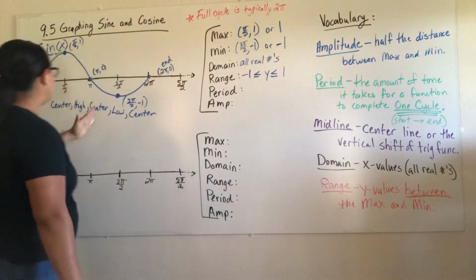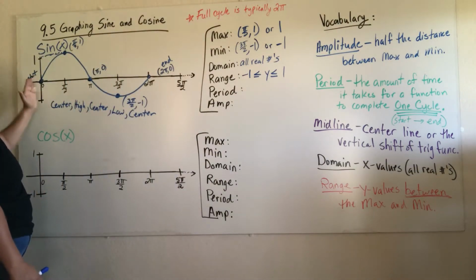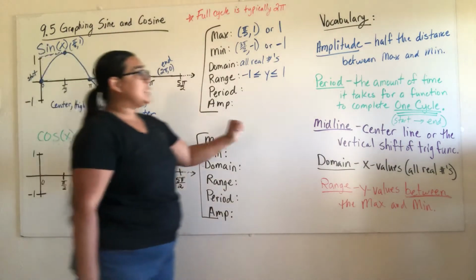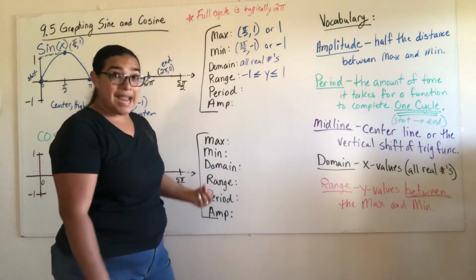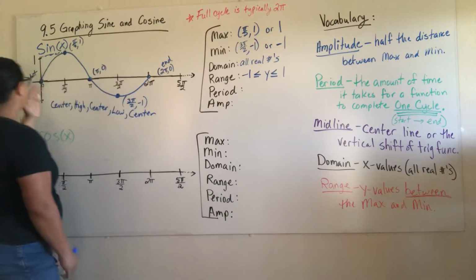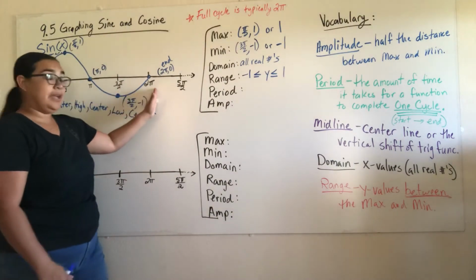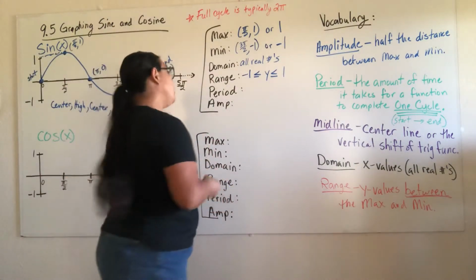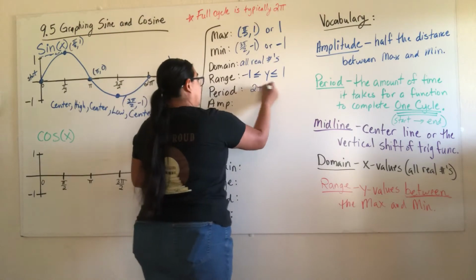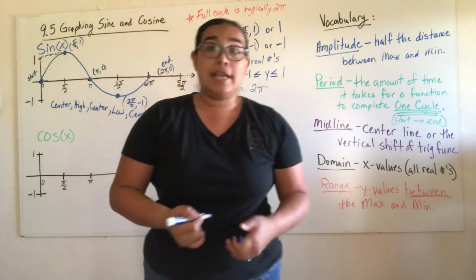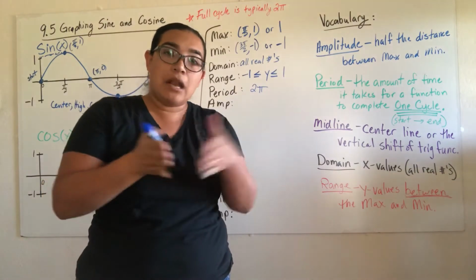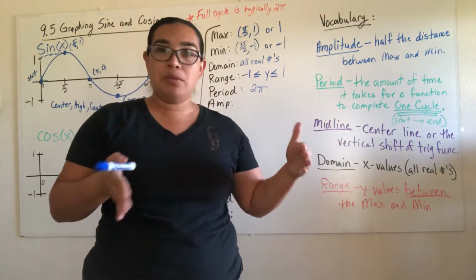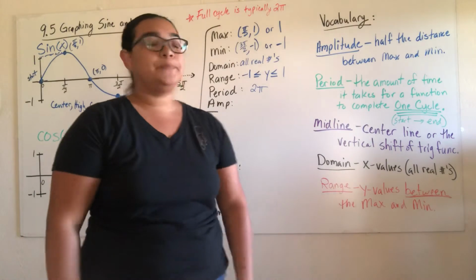How long did it take to get from the beginning, your starting point, to your ending point? That's a nice way to say complete one cycle. So for most of these today, we're going to say it takes from 0 to 2 pi. So period length here, 2 pi. That will change in future lessons, but for this lesson, we just need to worry about it being 2 pi length. That's how long it always is. It goes from 0 to 2 pi because that's our unit circle, right?